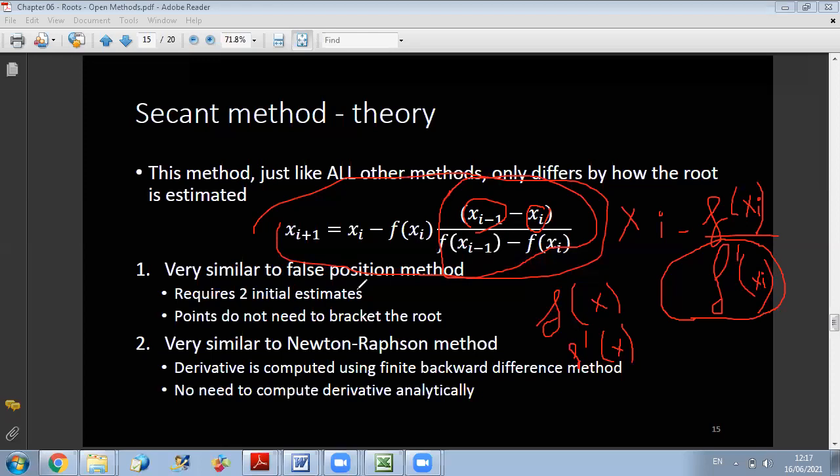In general, Newton-Raphson will behave better than the secant method because it will take the exact value of the derivative. But the advantage in the secant method is that you don't have to find f prime. So let's say the function is complex and the analytical solution of f prime is not very simple to find. You can use the secant method in this case.